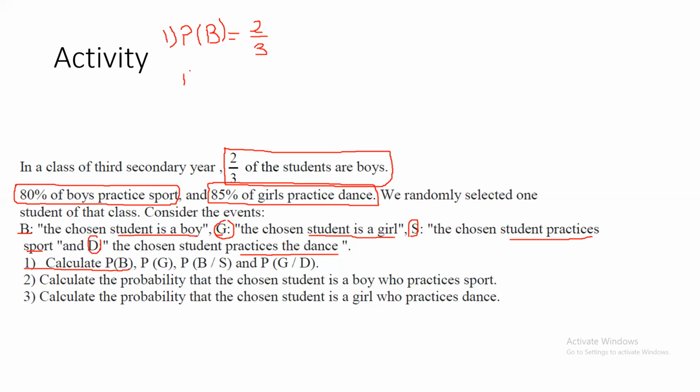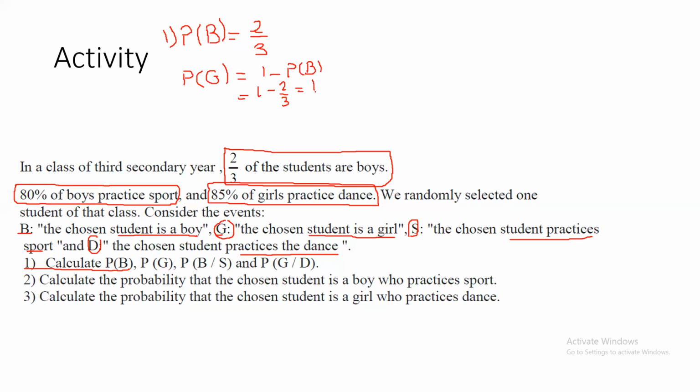What is the probability of G? 1 minus 2/3. Very good. 1 minus the probability of boy equals 1 minus 2/3.